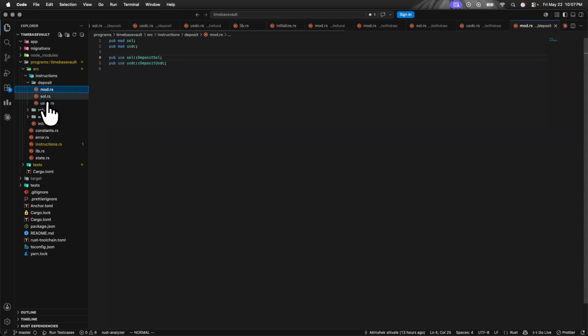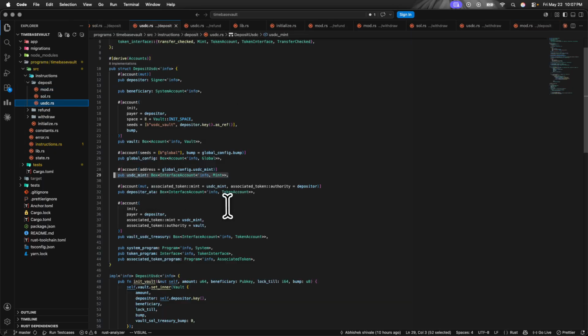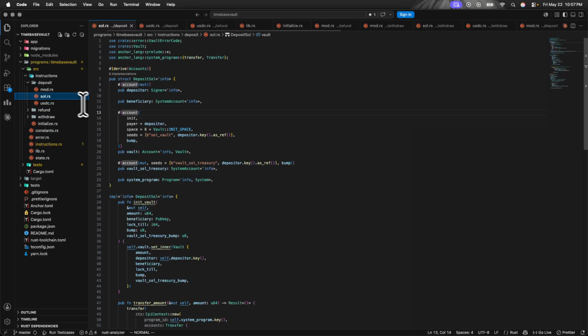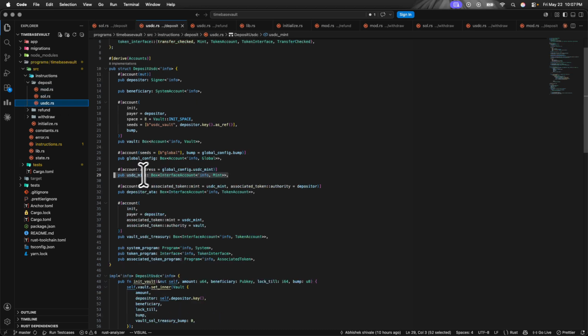But the problem with that is that we have to have the SOL treasury be mutable. But if I am not using SOL, why would I be using it as mutable?